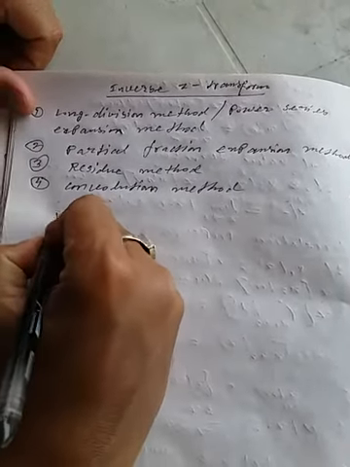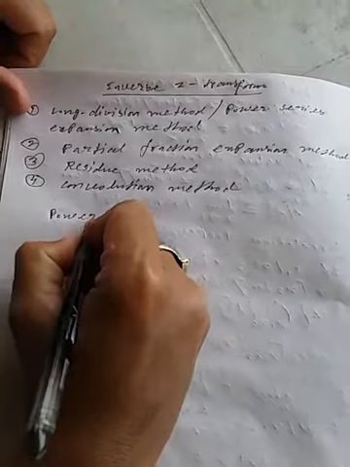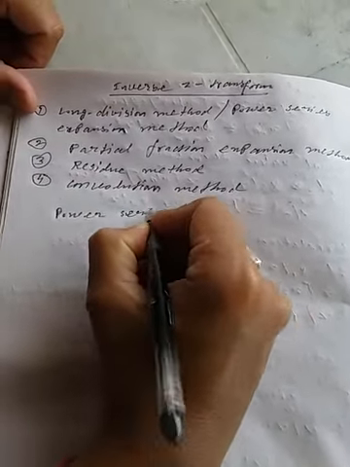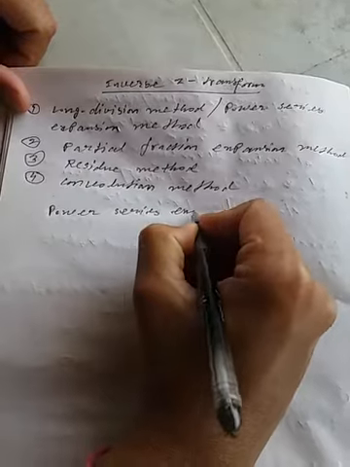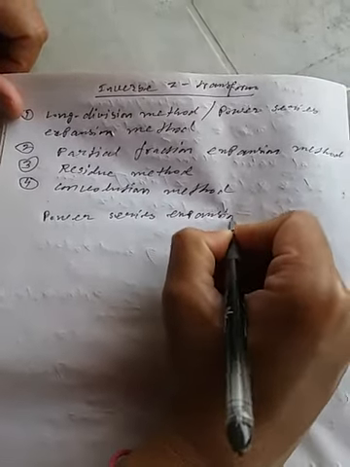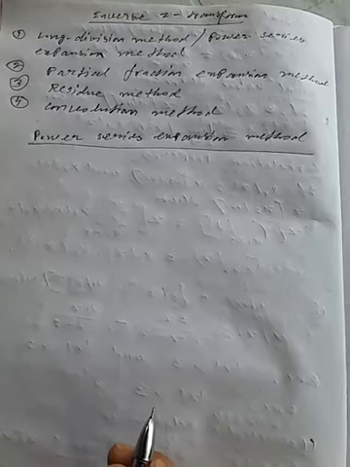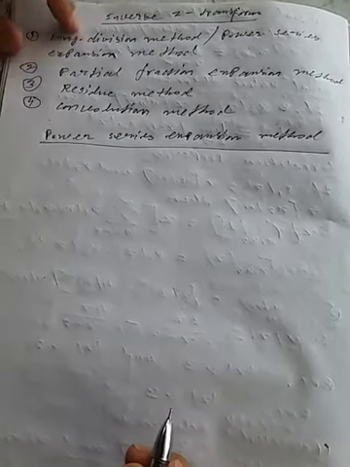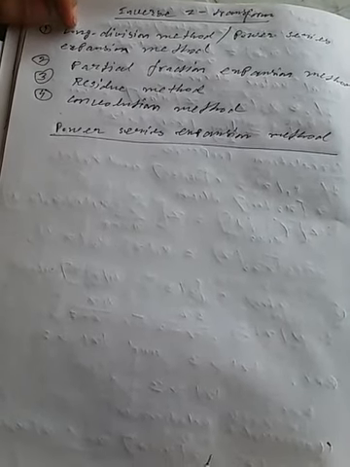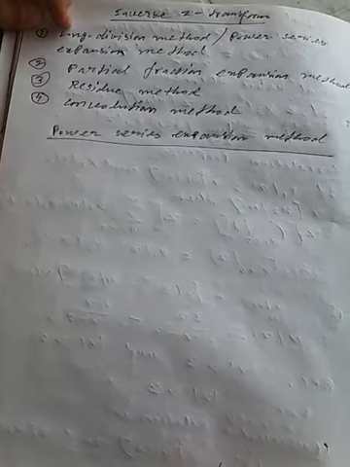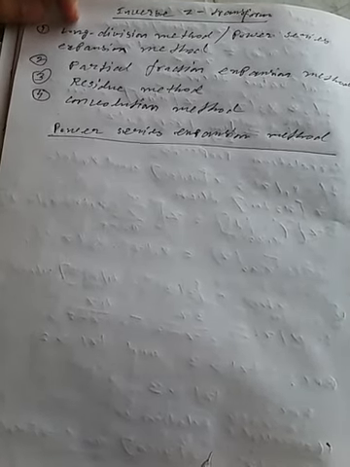Now power series expansion method. We will study it with the help of an example. Suppose we will study it when the ROC is mod of z greater than something.